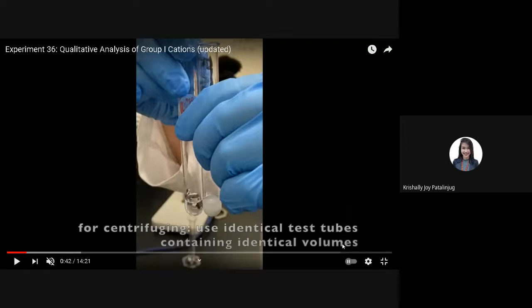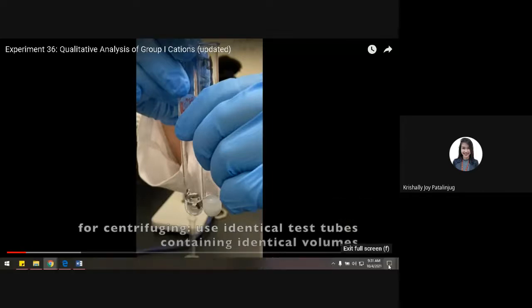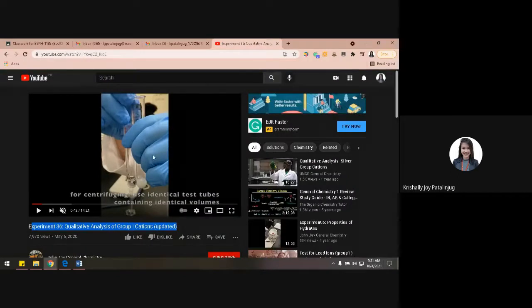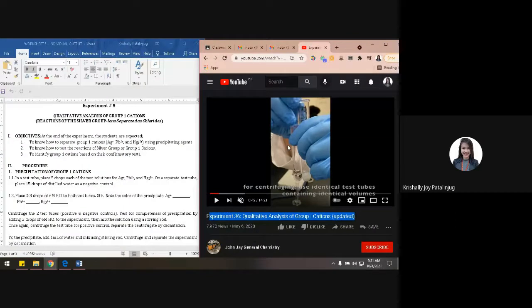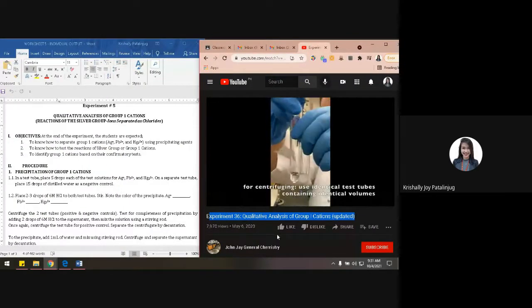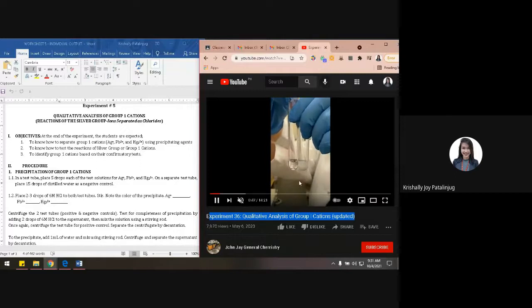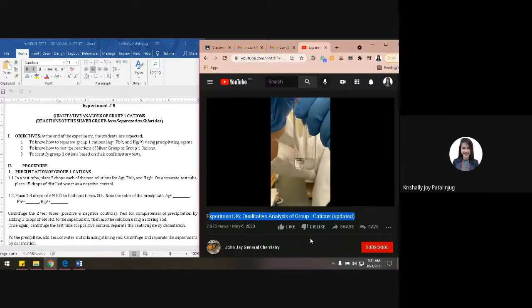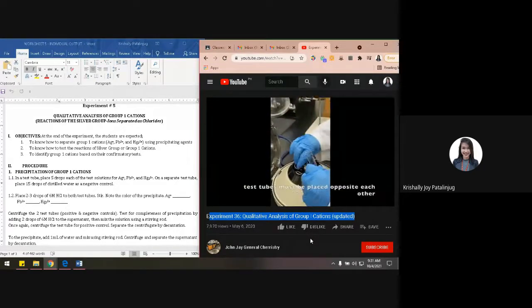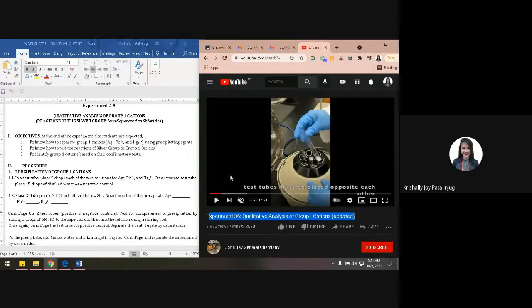Do you remember the centrifuge? We centrifuge it to separate the precipitate from the filtrate. Recalling the rationale of the centrifuge, the concept is to separate the solid from the liquid portion.